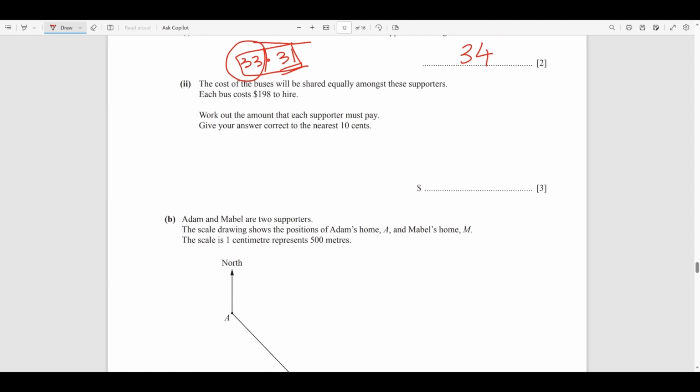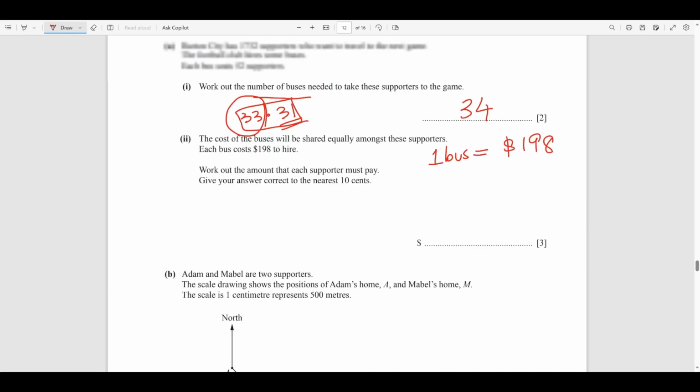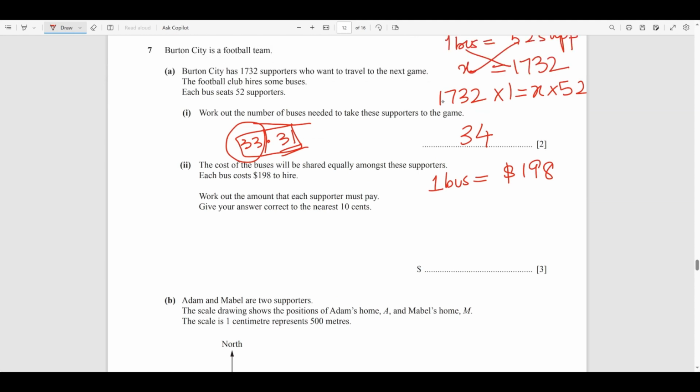Okay, so the cost of the buses will be shared equally amongst these supporters. Each bus cost, okay, so again rate, so one bus costs us $198 to hire. Okay, and then there is the number of people that is to be shared. So first we need to know that there are 34 buses that they're going to hire.